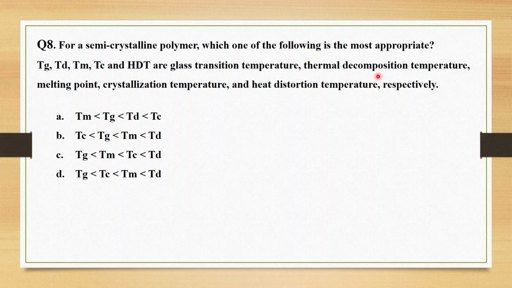So it states, for a semi-crystalline polymer, which one of the following is the most appropriate? There are 4 temperatures mentioned. Tg is the glass transition temperature, Td is the thermal decomposition temperature, Tm is the crystalline melting temperature, and Tc is the crystallization temperature. HDT, the heat distortion temperature, is not mentioned anywhere in the options, so just focus on these 4.